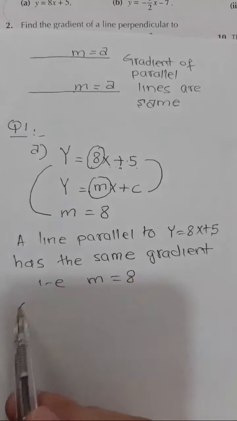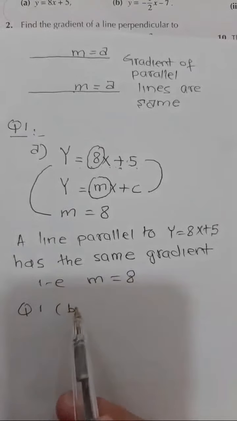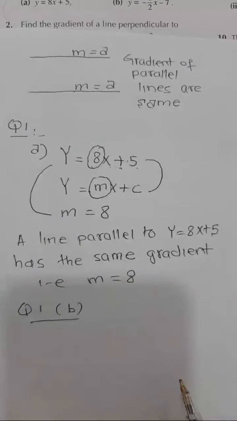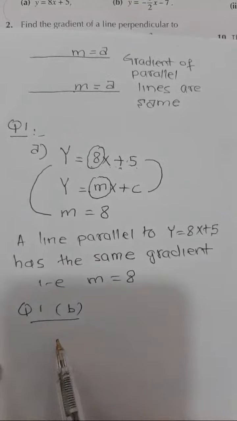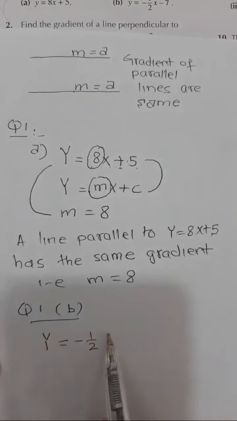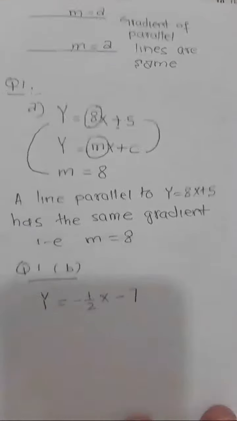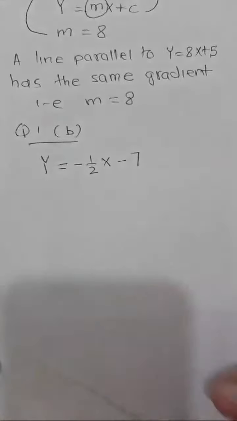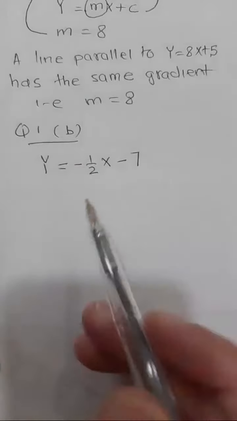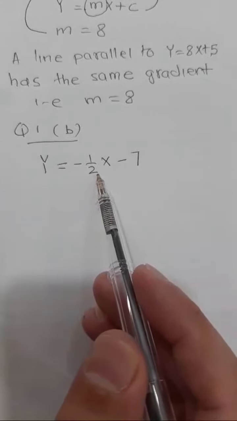Now in question number 1 part B, we have been given the equation of a line that is minus 1 by 2x minus 7, and we have to find the gradient of a line parallel to this line.